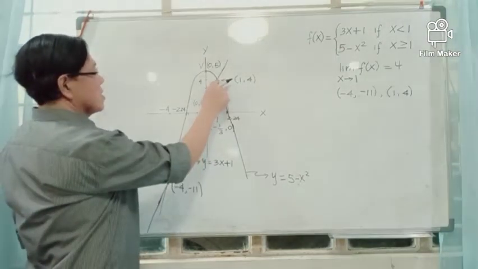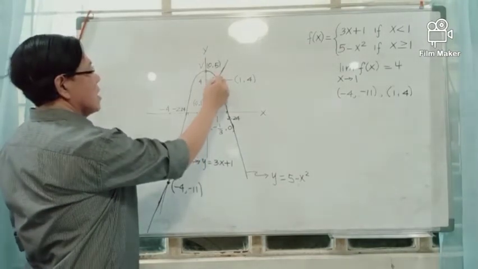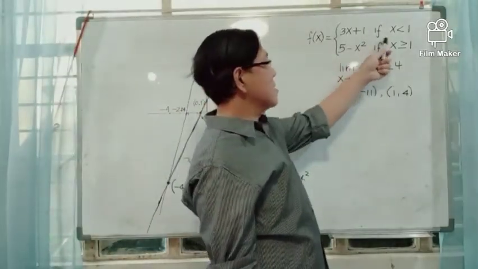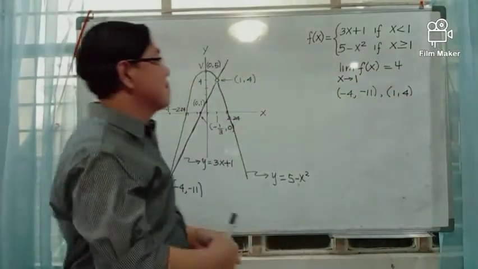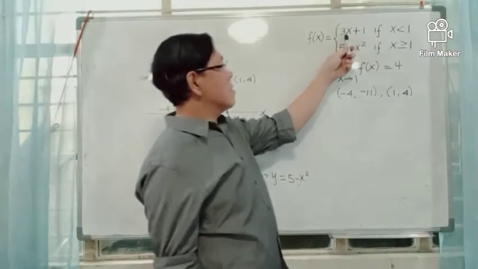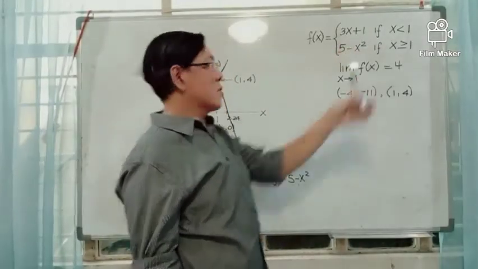And this point is not actually included on the line because it says in the given function x is less than 1. So x is not equal to 1 for the function 3x plus 1.